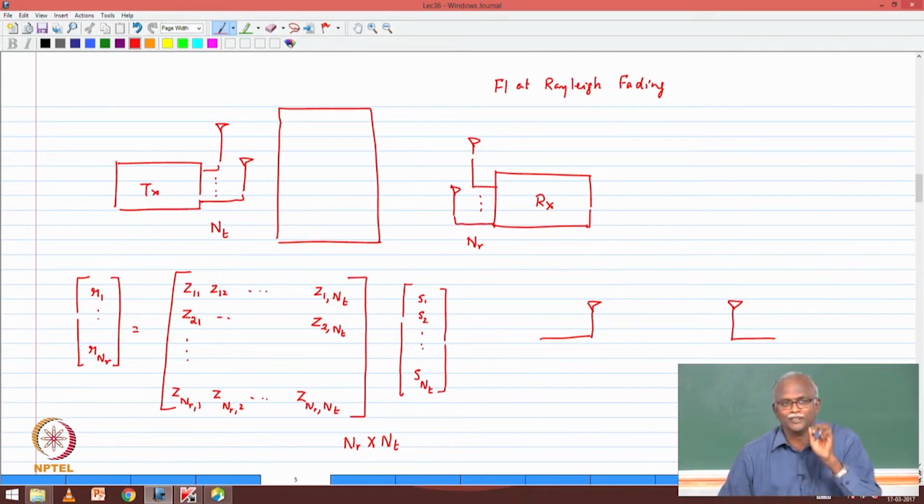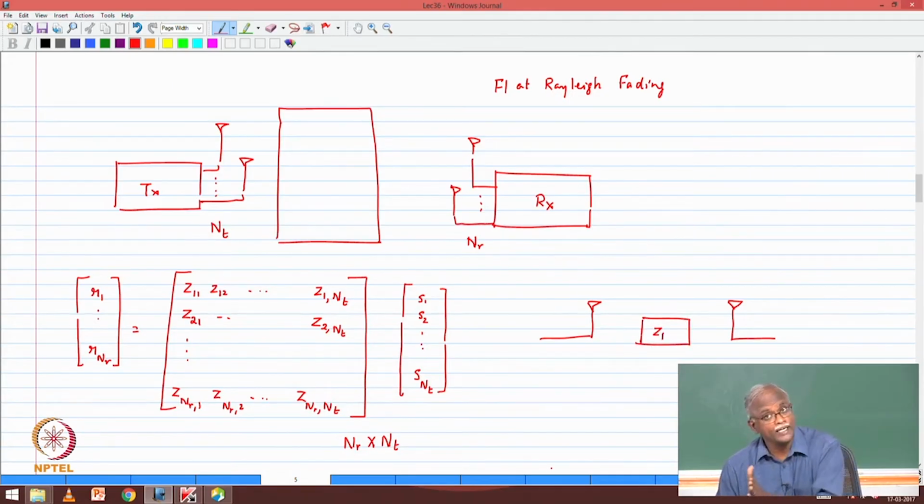Now, just to make it a little bit more interesting and challenging, what would happen if this were a time dispersive channel? Let's say it's a discrete channel between the transmitter and receiver. In a SISO case, if it was just a flat fading channel, you would represent it by some coefficient Z1. Now, if it is a time dispersive channel, then it becomes Z1, and then there is a Z2 with a different delay.